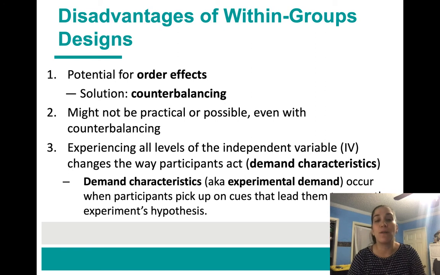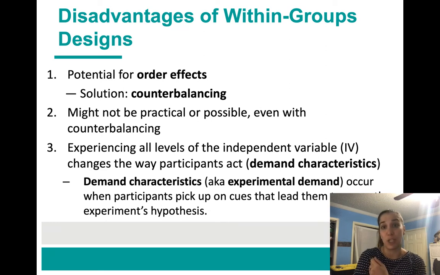So another example of a demand characteristic is, imagine if my experiment is testing the effect of studying on grades. Well, if you're in a study about studying, what do you do? You study more, right? You focus on studying because it is an experiment about studying. So sometimes we lie, essentially.